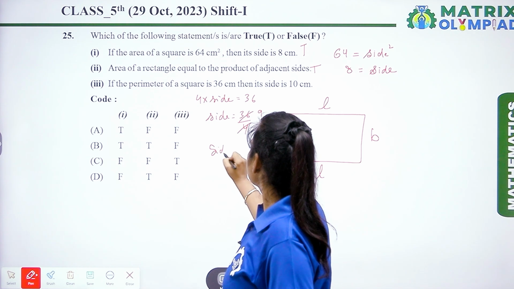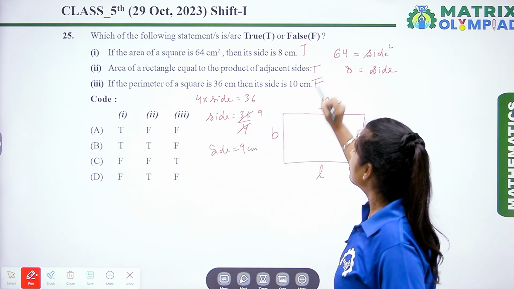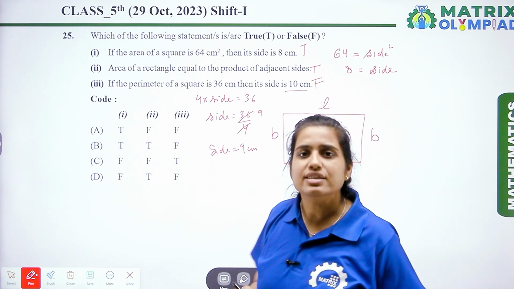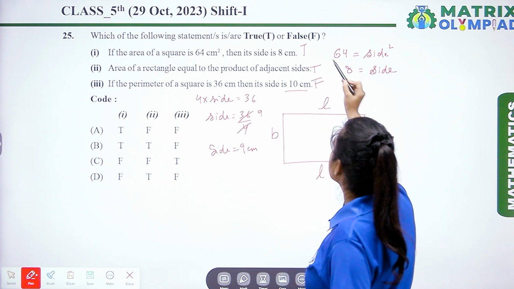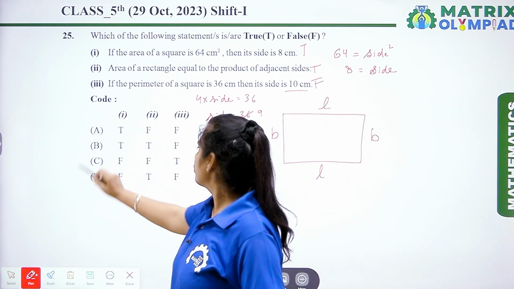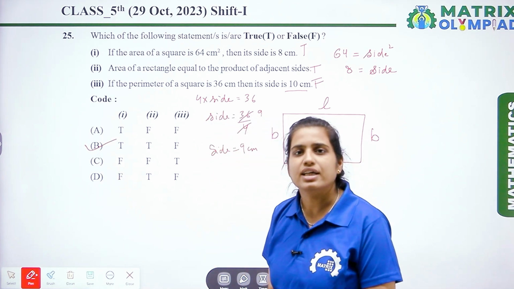So here side is equal to 9 centimeter. This statement is false because here the side is given as 10 centimeter but the actual side is 9 centimeter. So the correct sequence is true, true, false. True, true, false is option B. So option B is the correct answer.